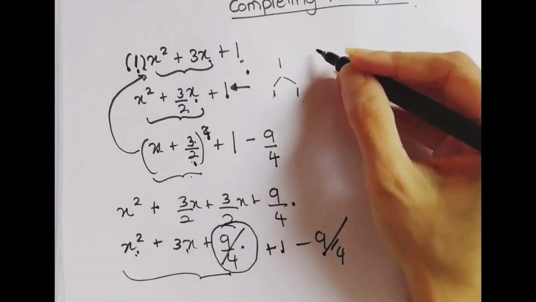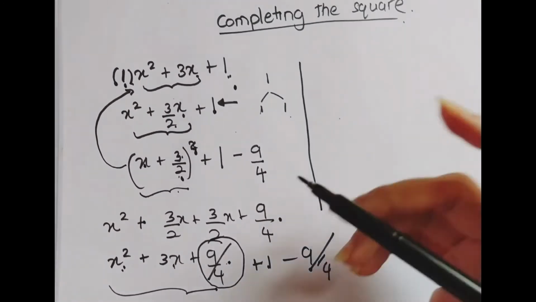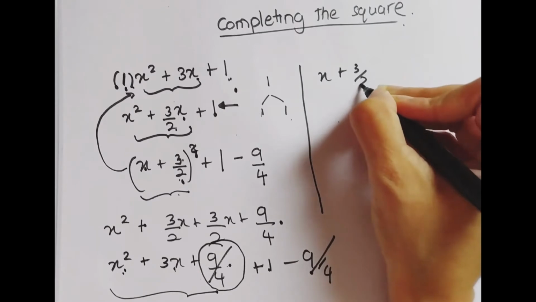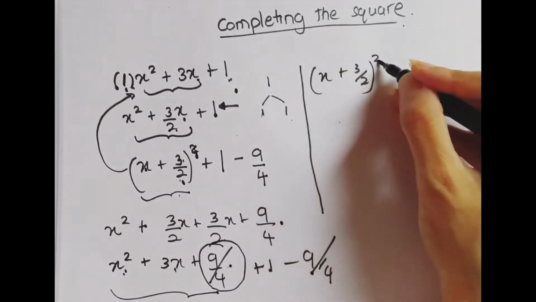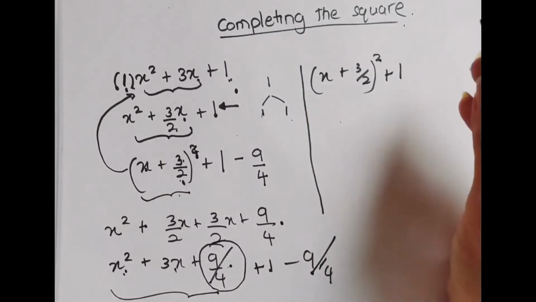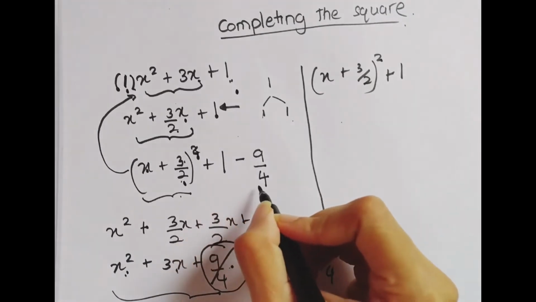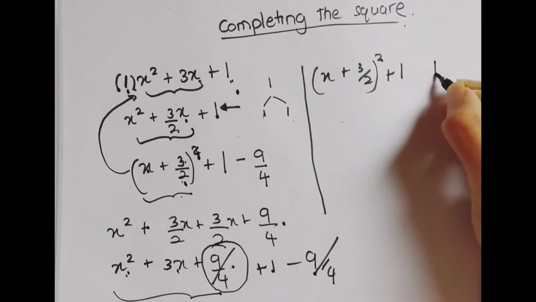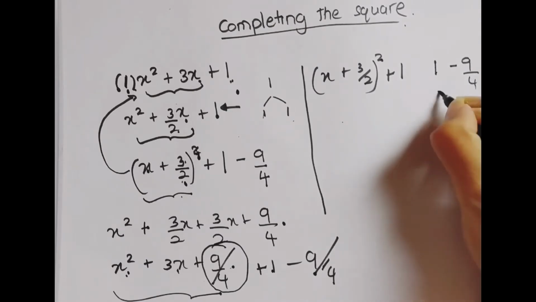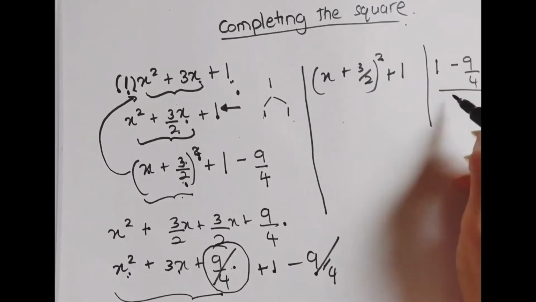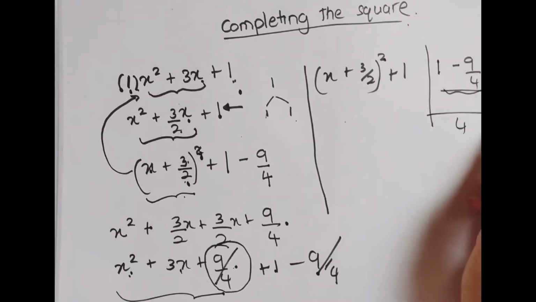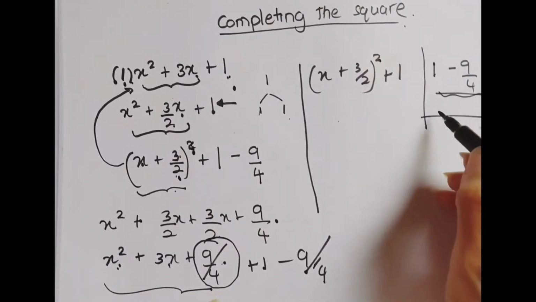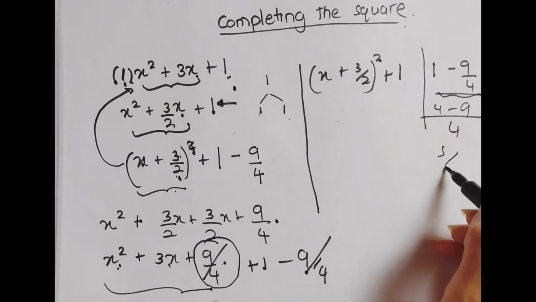So now if I simplify this, this will be x plus 3 over 2 whole thing squared plus 1 minus 9 over 4. If I take the 4 as the common denominator, 1 minus 9 over 4 is 4 minus 9, which is minus 5 over 4.